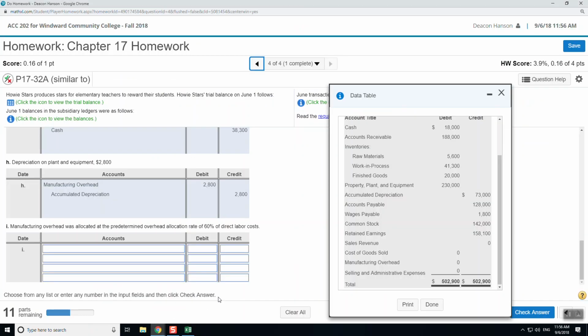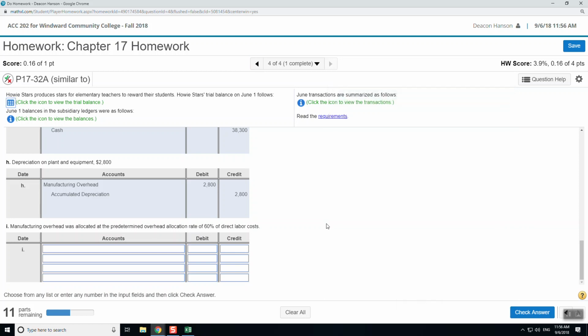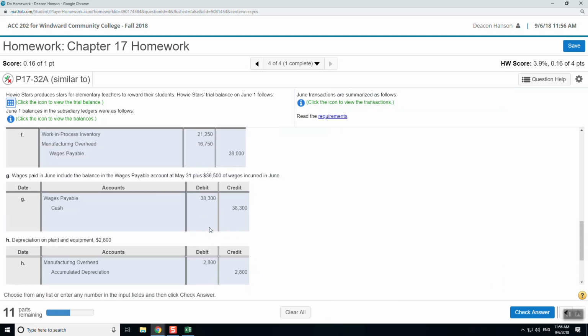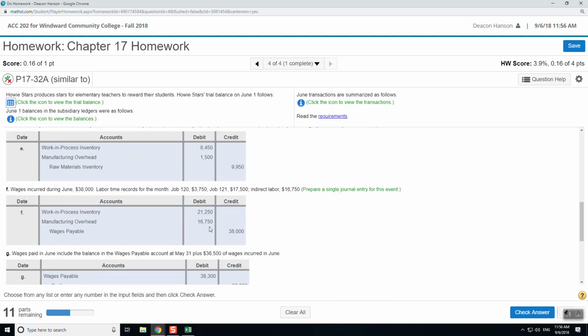So our problem is saying manufacturing overhead was allocated at the predetermined overhead allocation rate of 60% of direct labor costs. So what I'm going to do is scroll back up here and look for that journal entry where I had direct labor involved.